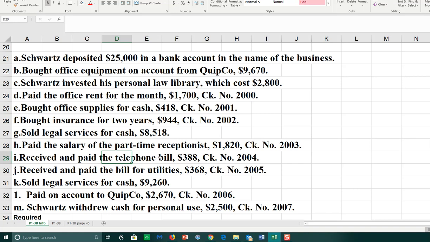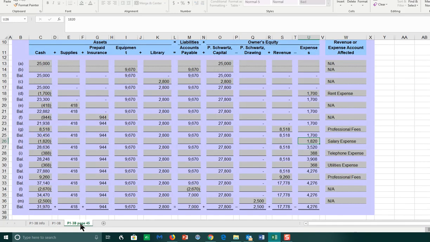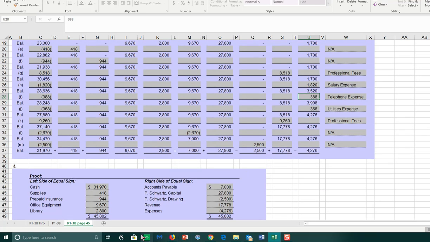So it's an expense. So we're going to record that our cash went down, decreased by $388, and that the telephone bill would increase our expenses or decrease our equity. And so the cash goes down, a decrease, subtraction, $388, and we increase our expenses by $388.